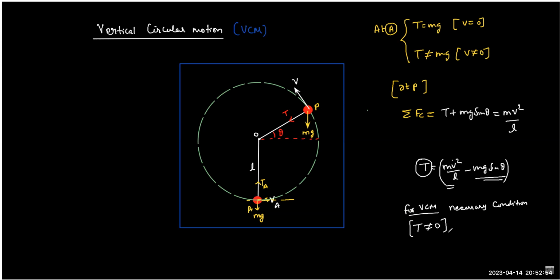Tension is non-zero all the way, always positive, having some value. So the string connecting the suspension to the bob must be taut all the time. And if it is so, then we say that it will perform the vertical circular motion. Is this clear?